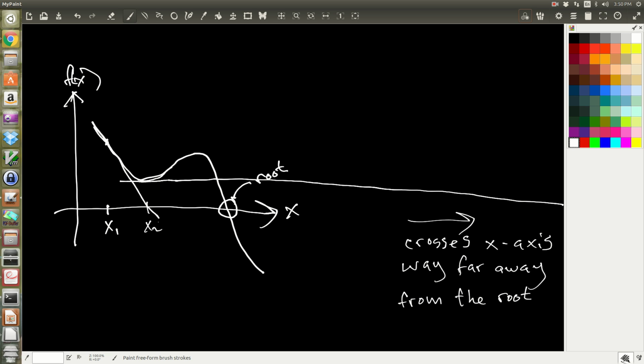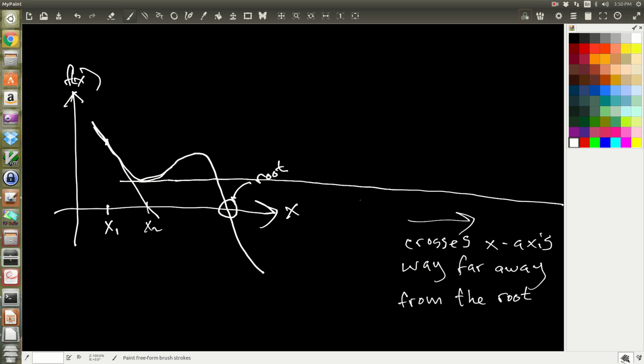So when you run into a case like this, where one of your guesses lands on a place that has zero slope or very close to zero slope, you're going to get sent far away. Now, the method could recover.